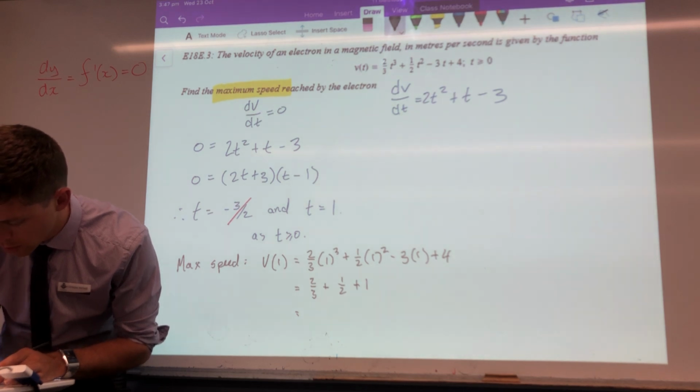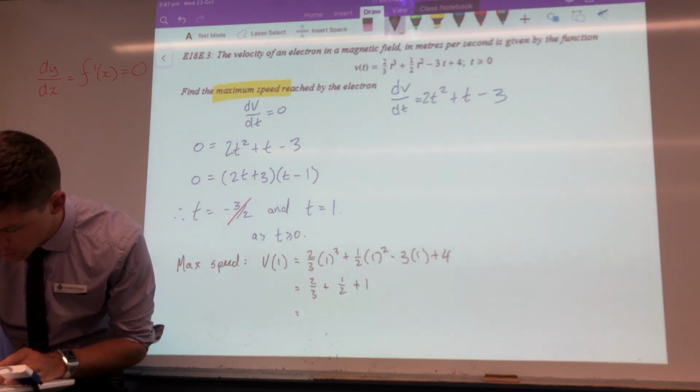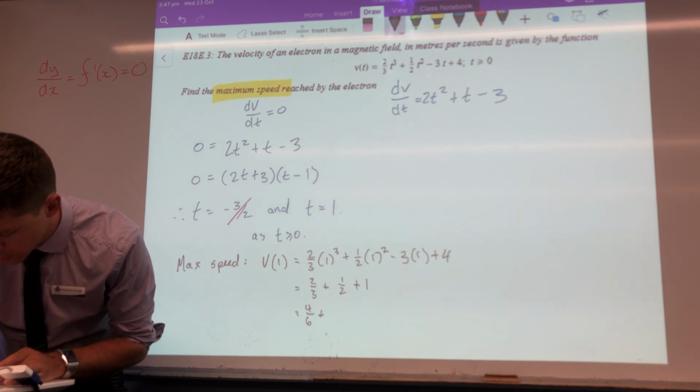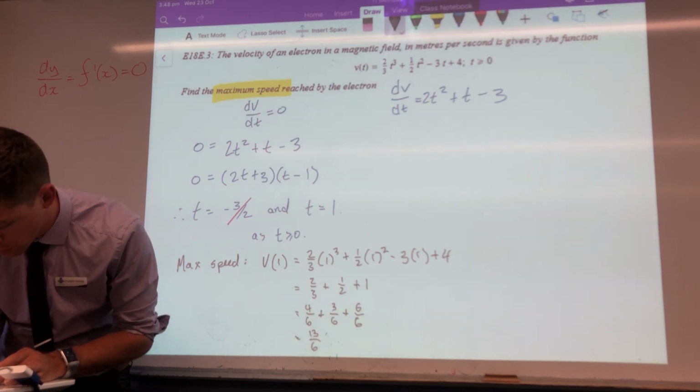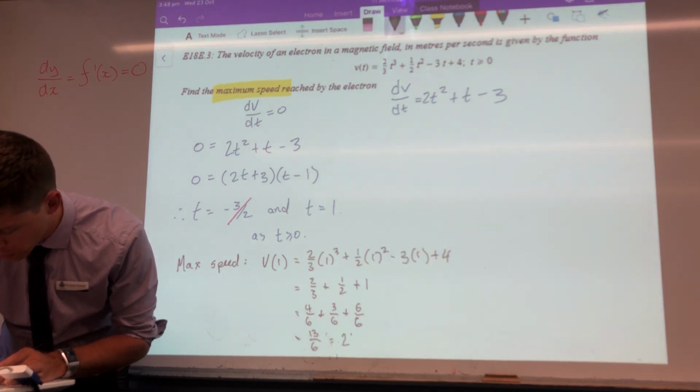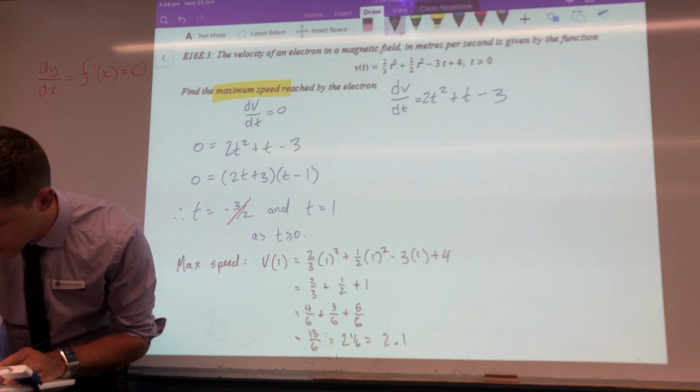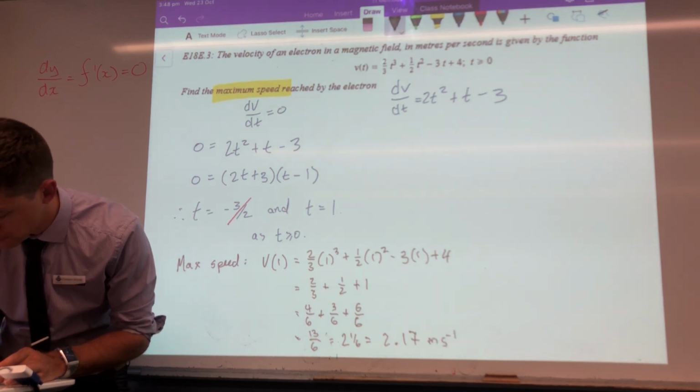Or all in terms of 6, 4 over 6 plus 3 over 6 plus 6 over 6, or 13 over 6, which is equal to 2 and 1/6, which is equal to 2.1666, or 2.17 meters per second.